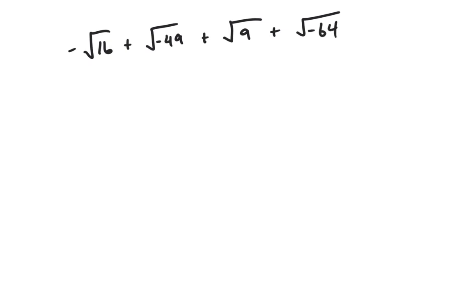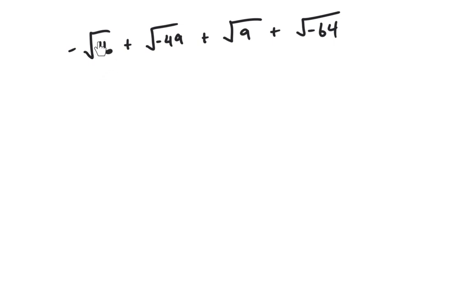Let's say we had negative square root of 16 plus square root of -49 plus square root of 9 plus square root of -64. Now, a negative in front of a square root we've dealt with before.